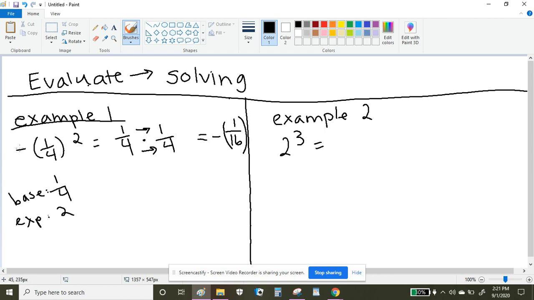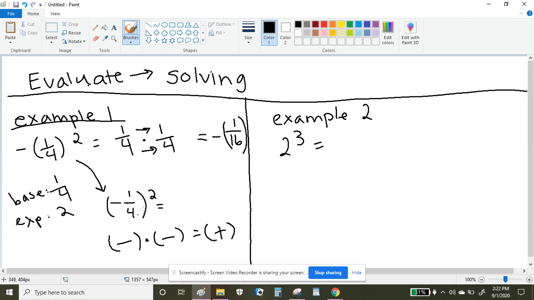If this negative sign, say it had been on the inside, let's say, we'll keep 1/4. When we multiply a negative times a negative, it's going to turn positive.